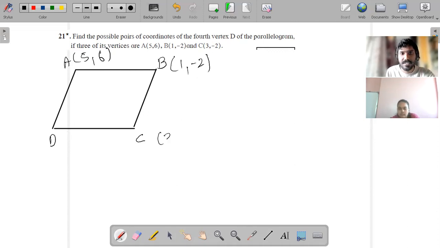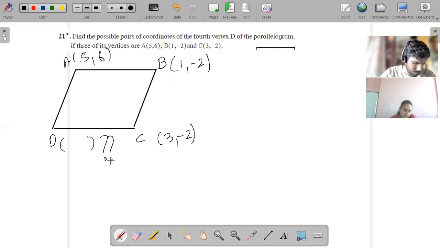And coordinates of C is 3, -2. So they have asked you to find the coordinates of the fourth vertex. That means what will be the coordinates of D? That is what is asked. Is the question clear? What has to be found out? Yes. Okay.